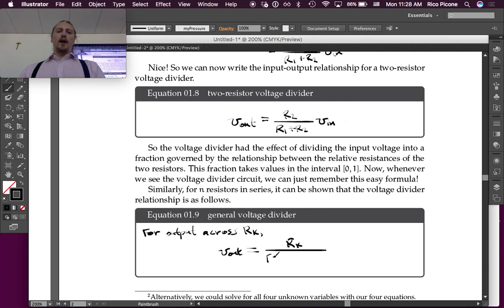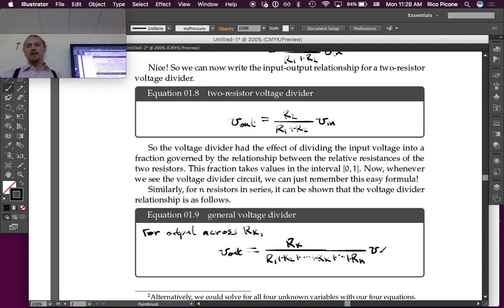You get RK over the sum of all the R's. So R1, R2, all the way up, including RK, and then technically more ellipses to Rn. Holy cow, that was a long fraction. Times V in. Or we could have just written VK, but I didn't in my notes, so I didn't do it here.